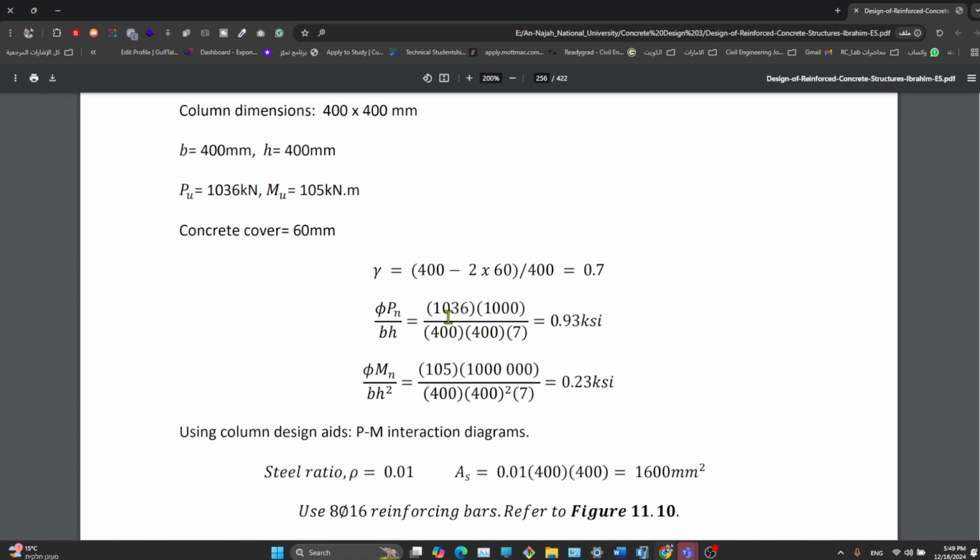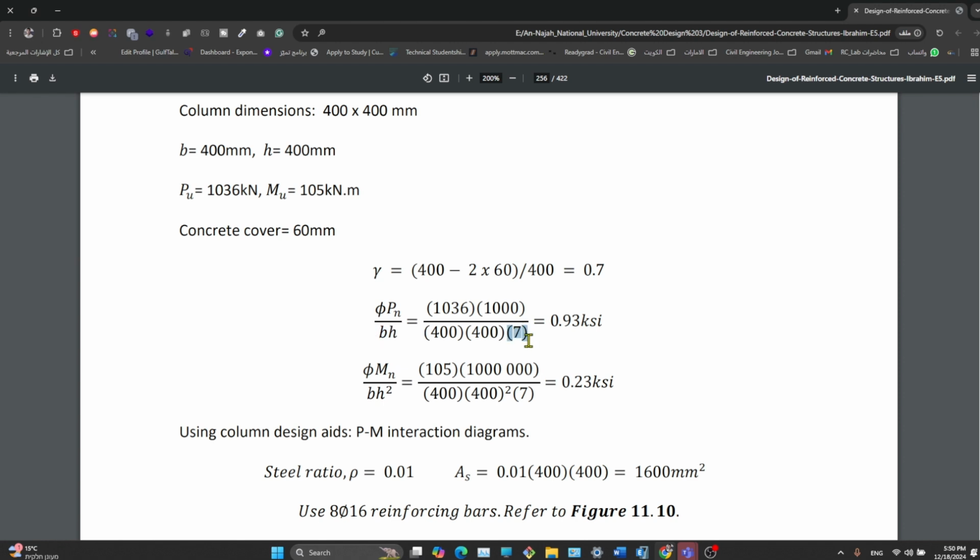Okay, phi Pn: the ultimate Pu, phi already computed, because we made the combinations. So simply Pu by 1000, just to convert from kilonewton to Newton, over bh, b by h, the sides of this section, by 7.